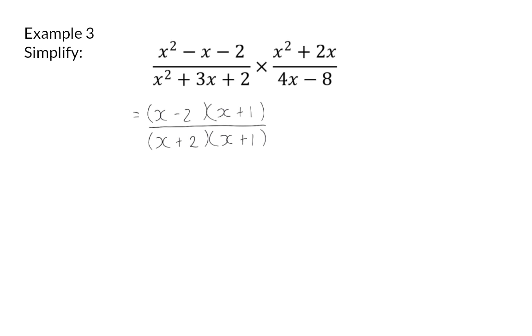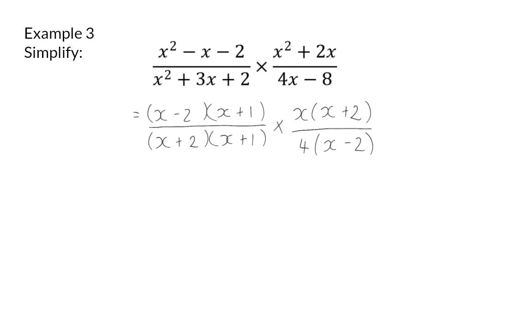In the numerator on the right, we have two terms, and here we can take out a common factor of x, and the bracket will be x plus 2. And in the denominator, we once again have a common factor, but this time it is 4, and the bracket will be x minus 2.